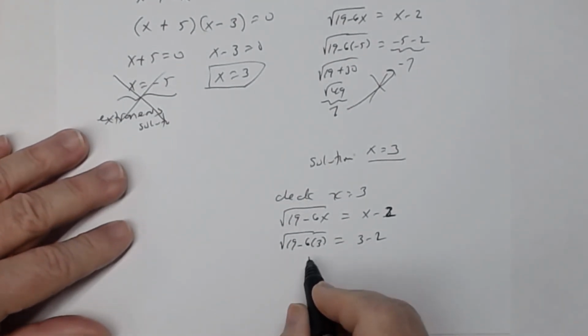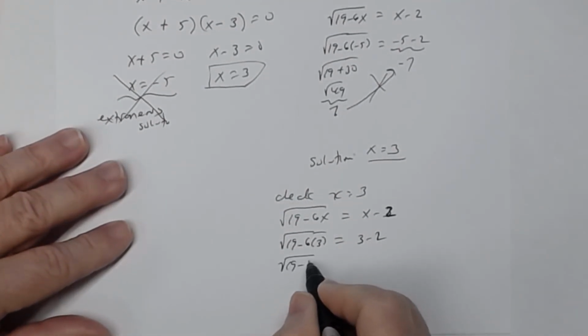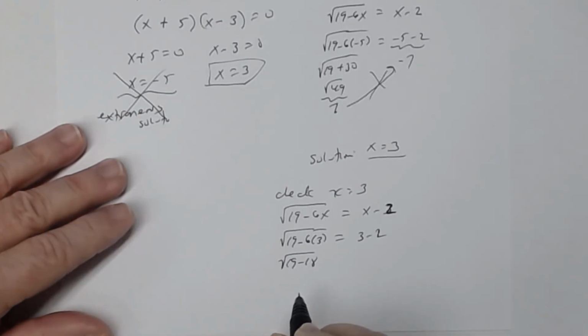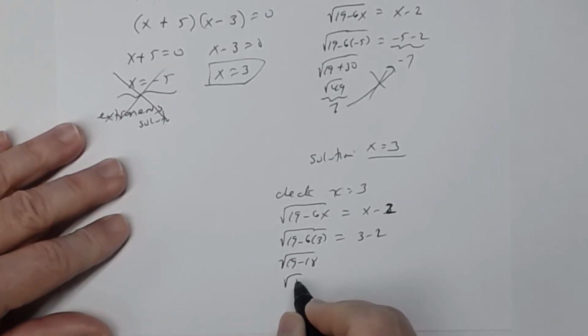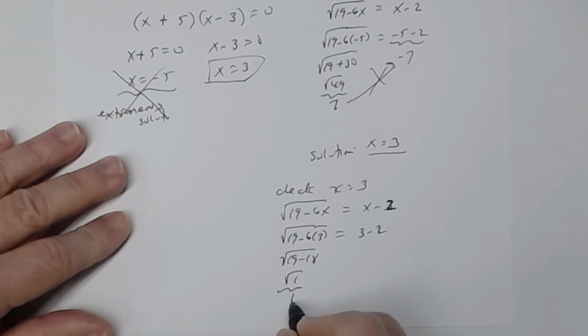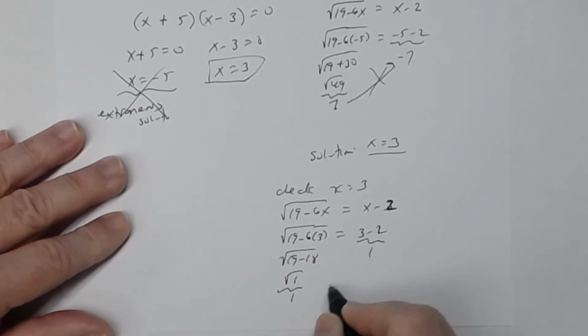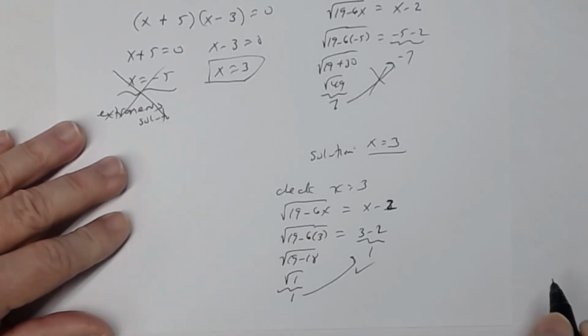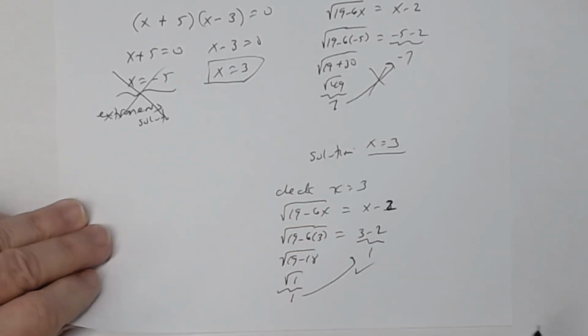Well, 6 times 3 is 18. So this becomes the square root of 19 minus 18. 19 minus 18 is 1. So that becomes the square root of 1. And the square root of 1 is a positive 1. And notice 3 minus 2 is 1. And they are equal. So that's why 3 is the only solution.